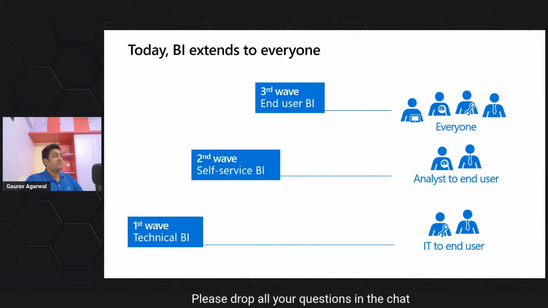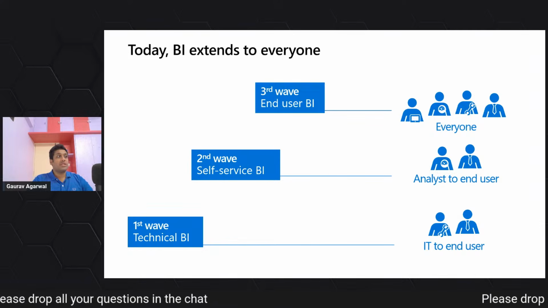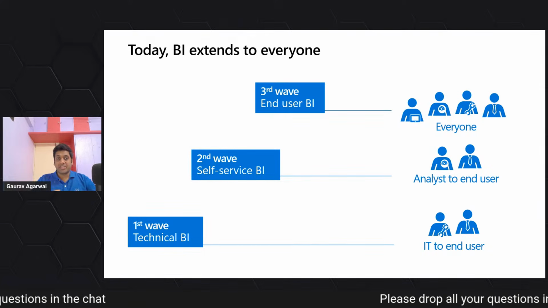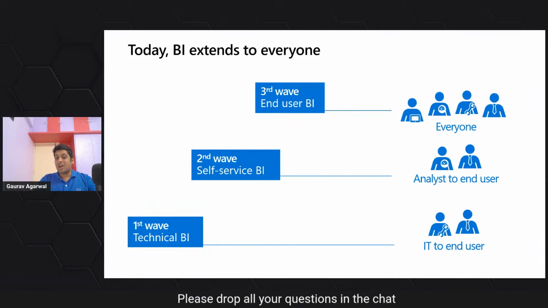But let's say you want to analyze this whole scenario, where you want to see what you have purchased, where you have purchased from, and how much you are spending on a specific category.